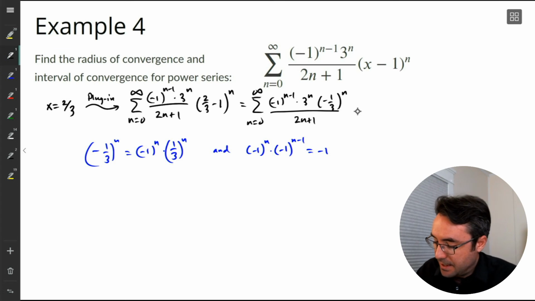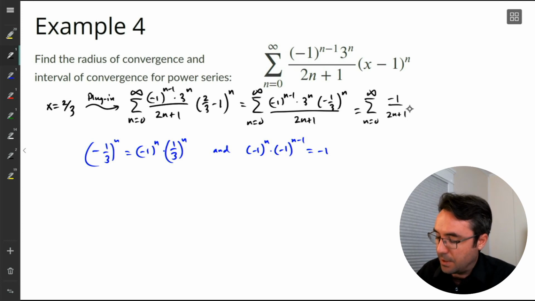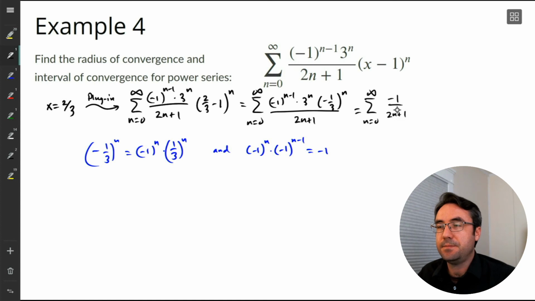So we always end up here with the sum from n equals 0 to infinity of -1 over 2n plus 1. And this negative here, we can really bring the negative out in front. This is just a constant. So we can really just investigate the convergence of 1 over 2n plus 1.